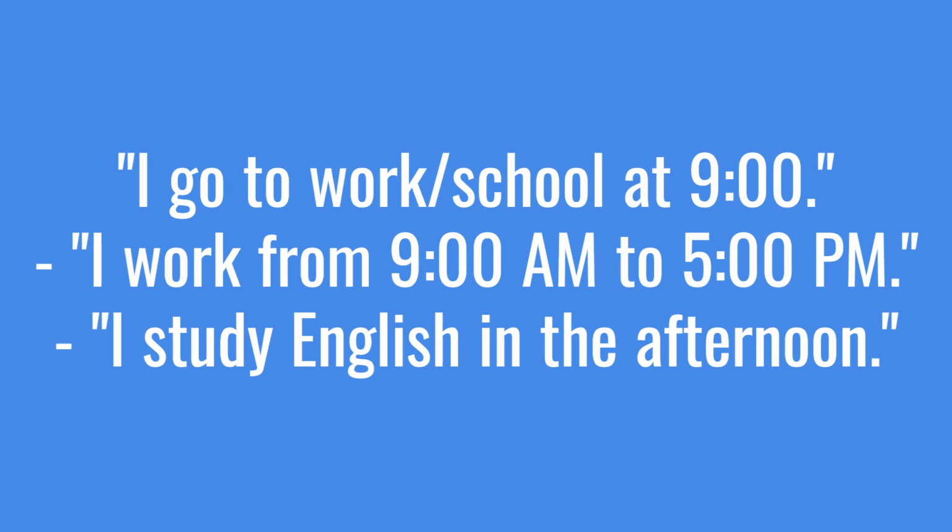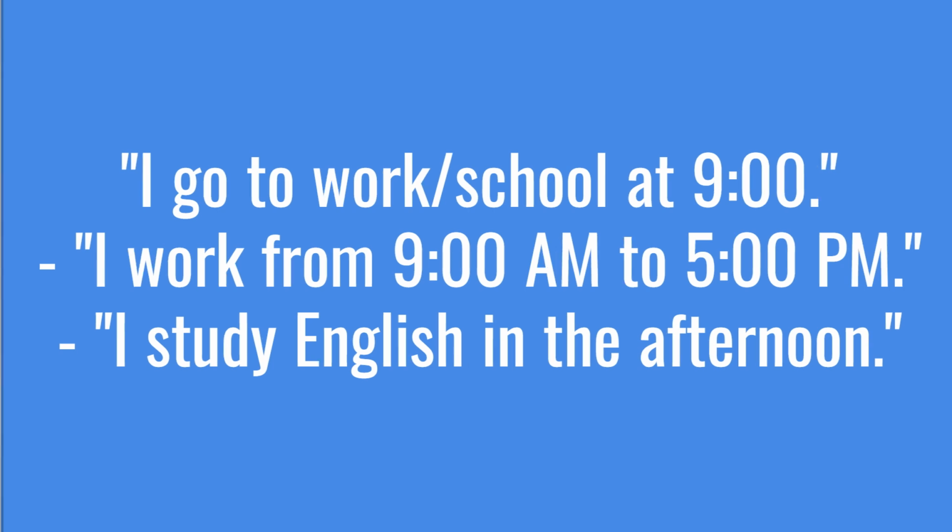I work from 9 a.m. to 5 p.m. Or I study English in the afternoon. If you are at home, you can describe what you are doing in the afternoon.